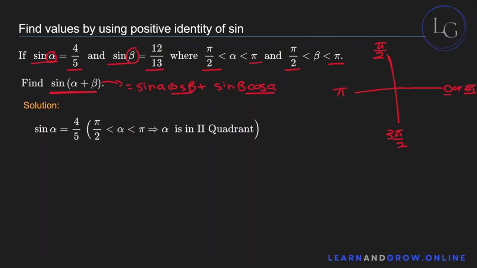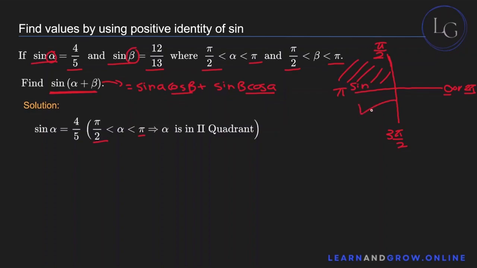Well, sine alpha is given to us, and we have already established that alpha lies between pi by 2 and pi. If you look at the quadrant graph over here, that means it lies in the second quadrant. And as we all know, only the sine function is positive in the second quadrant.